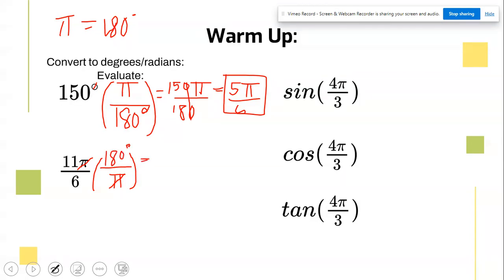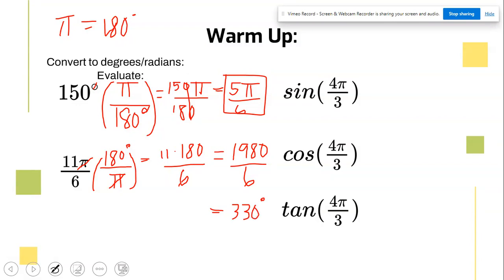And if we're working with that, you can literally just let your calculator do the work here. That would be 11 times 180 all over 6. And if you multiply those together, you get 1980 over 6, and that reduces to 330 degrees.